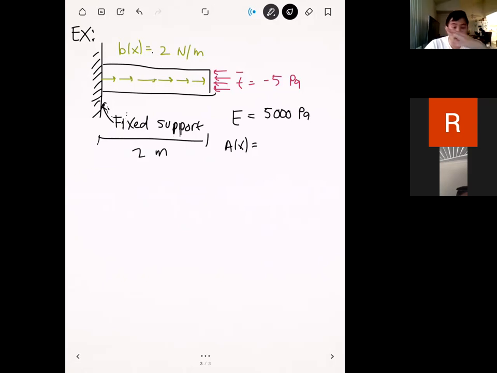As we move along the bar, the area is going to be increasing. So we're going to have 1 plus x squared over 400. Okay. We're going to need to take this varying area into account. And for this problem, we want to find a finite element solution.